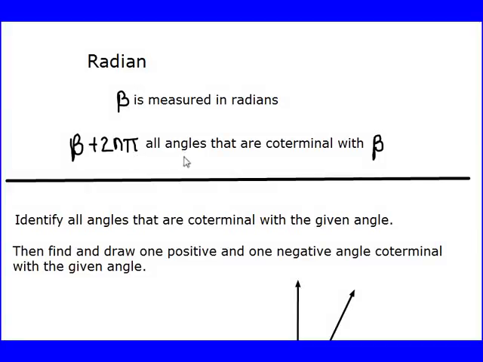That is what we saw in a previous part of this video series. So to get angles that are coterminal to beta, we simply add 2n pi. That could be one rotation, two rotations, three, doesn't matter. Remember that n represents an integer, not decimals. So this would be the expression for all angles that are coterminal with beta.